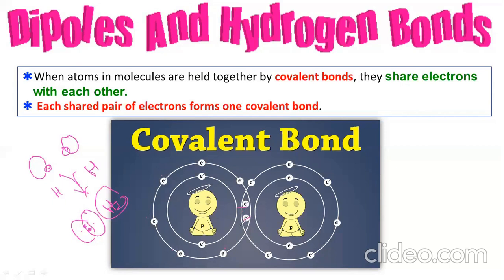These 2 can count for this also. See, 1, 2, 3, 4, 5, 6, 7, 8. It means the last shell of 8 is complete. By sharing electrons, they both stabilize their outermost shell. This is called covalent bond.